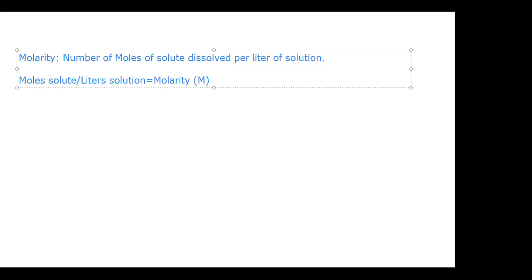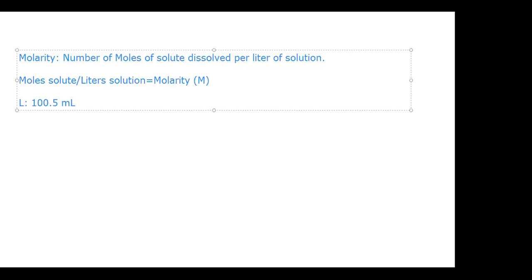So let's go ahead and just do a practice problem with this one. Again, something you guys should be pretty familiar with. And so let's go ahead and say that we have a 100.5 milliliter intravenous solution. Okay, so we know our liters of solution is 100.5 milliliters.